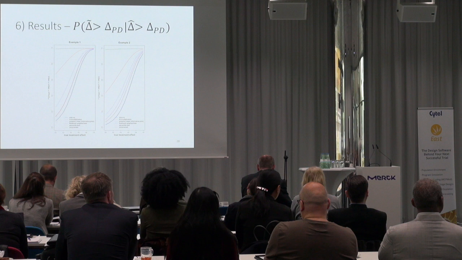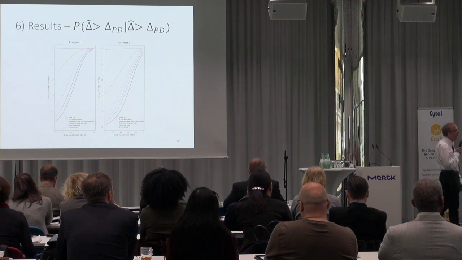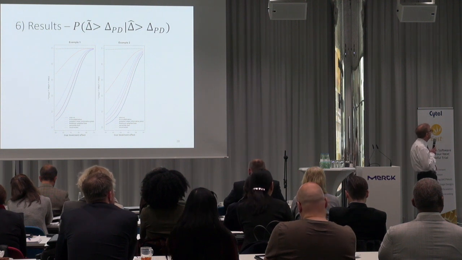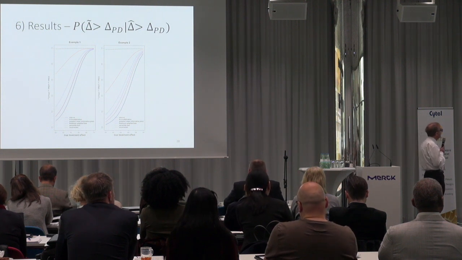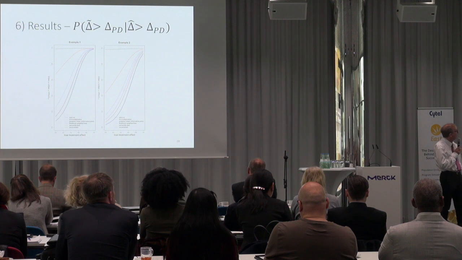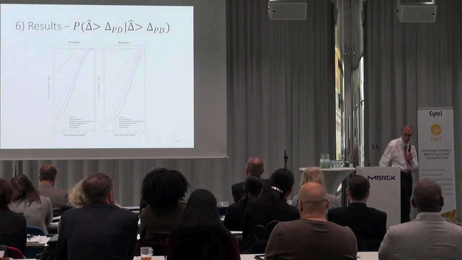The other methods are somewhat lower. The weighted likelihood is somewhere in the middle. But obviously, as soon as you move above 0.33, you would like to progress based on your decision threshold. So then you would like to have a high probability of going on to progress to phase 3. In example 2, you'd probably like to progress if you get a true treatment effect greater than 0.5. So you'd like a method to have a high probability of progressing above 0.5, but not below 0.5.